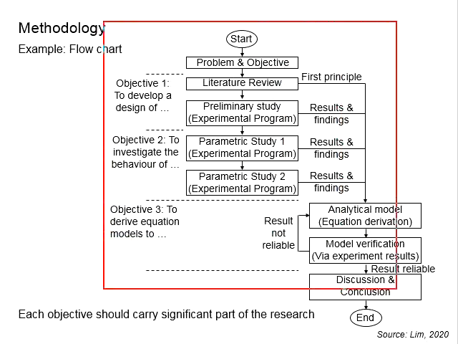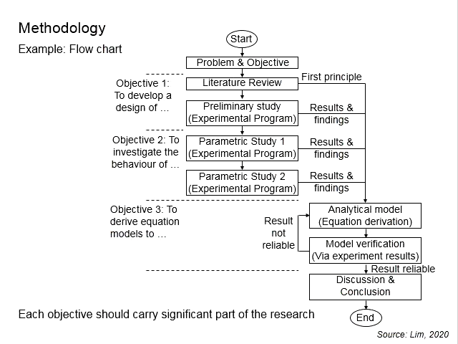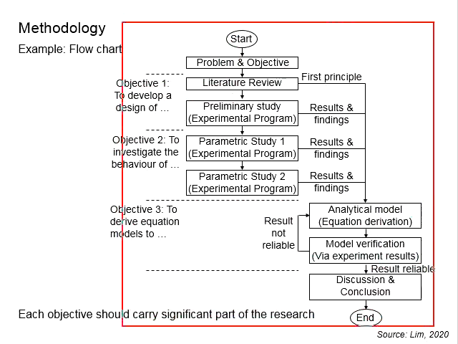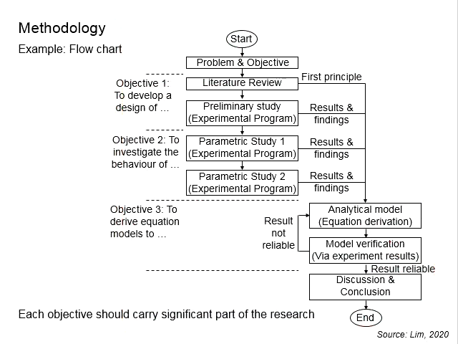Taking this research as an example, the figure here demonstrates a flowchart of a research where the research starts with the problem and objectives. Then you will do a literature review, and then a preliminary study will be carried out. In this study, the experimental program was carried out.